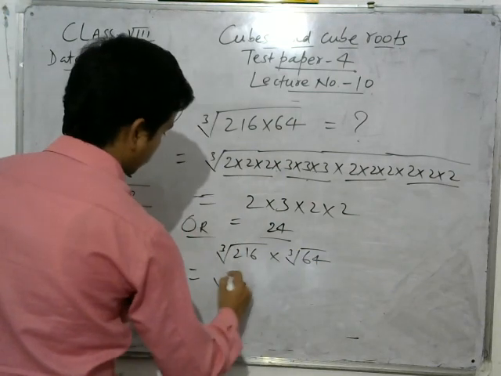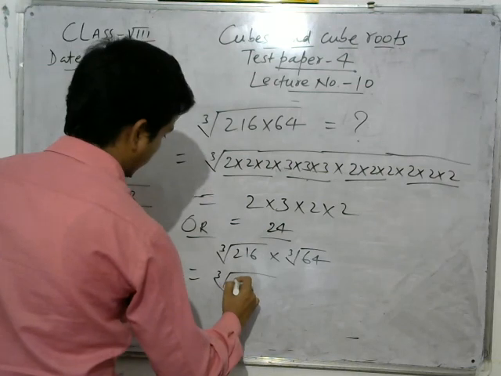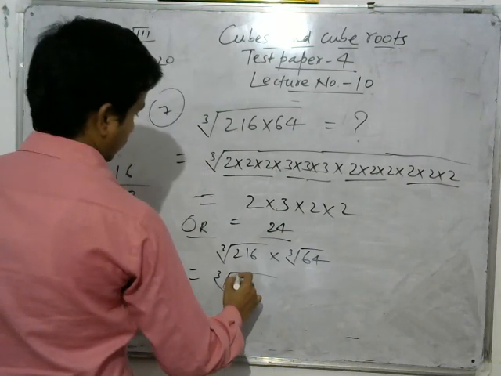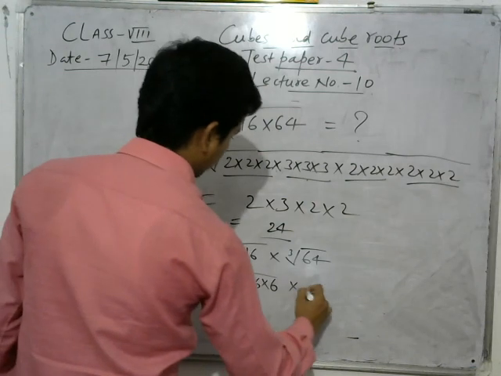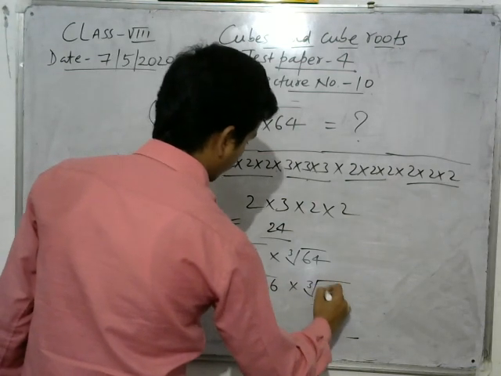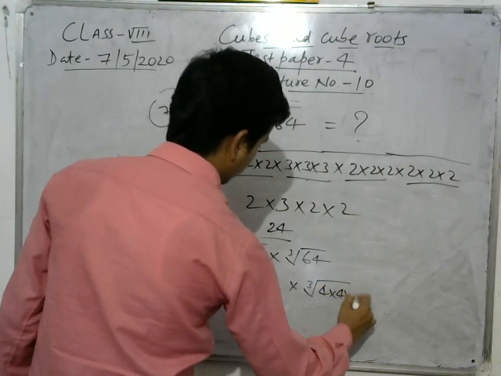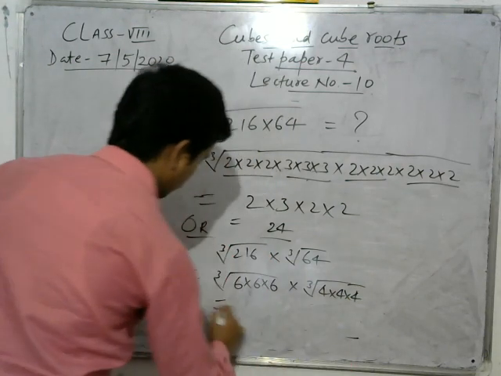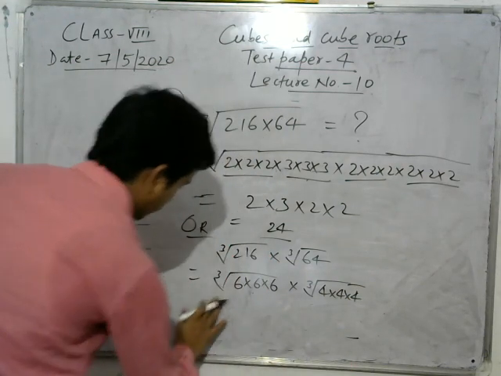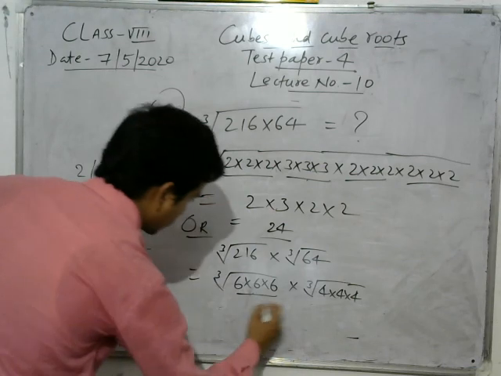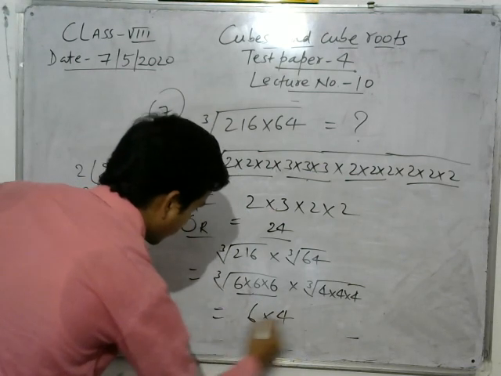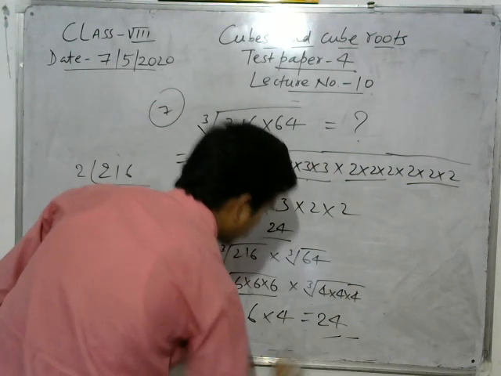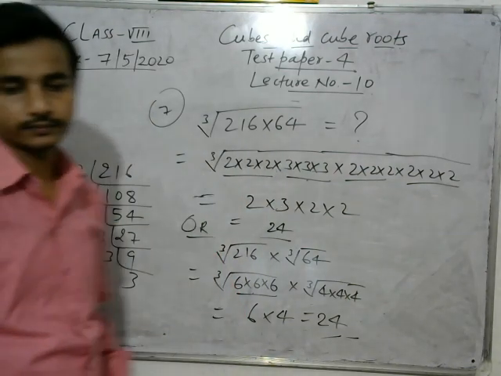Cube root of 216 is 6 into 6 into 6, and cube root of 64 I can write as 4 into 4 into 4. So from the first triplet 6 will come out, and from this 4 will come out. So 6 times 4 is 24, which is the answer.